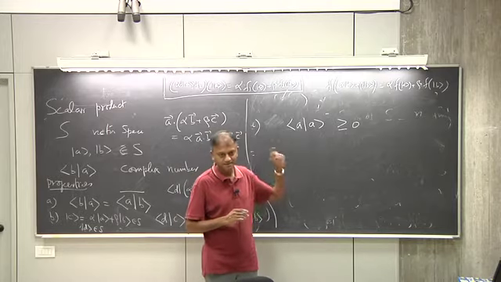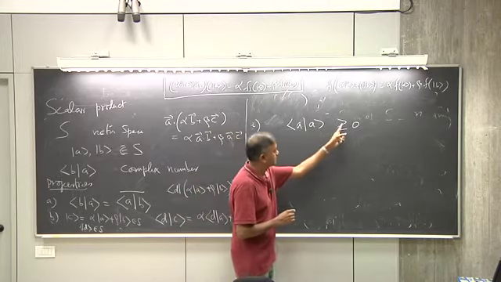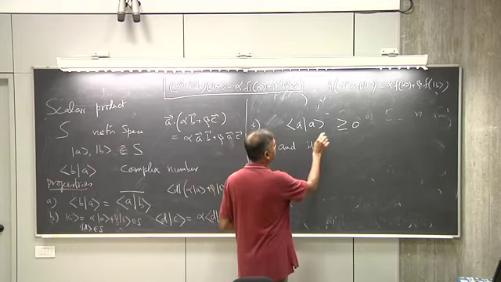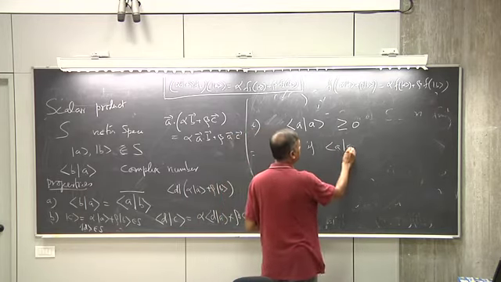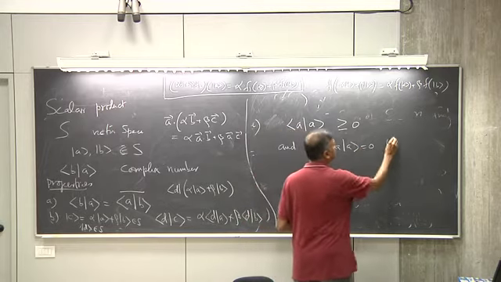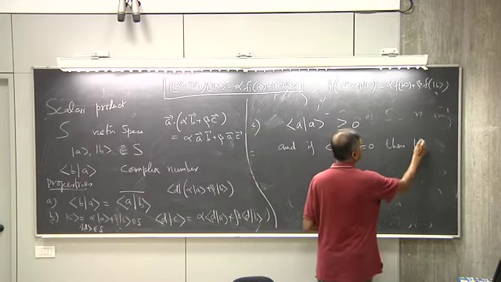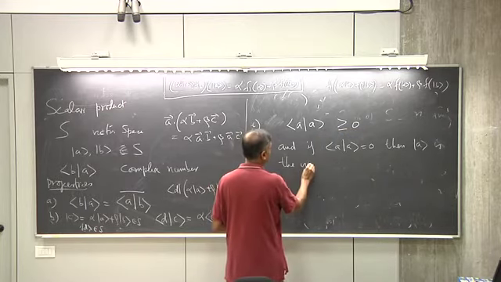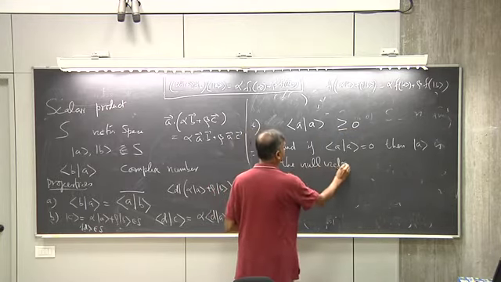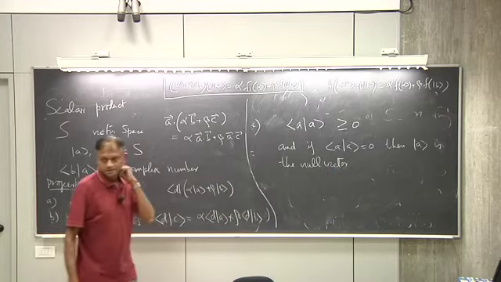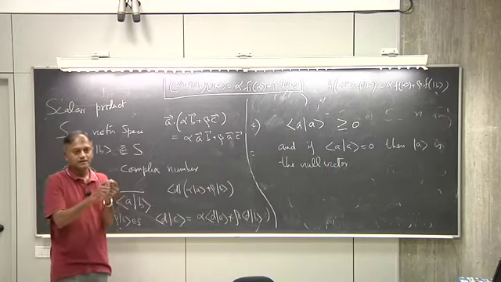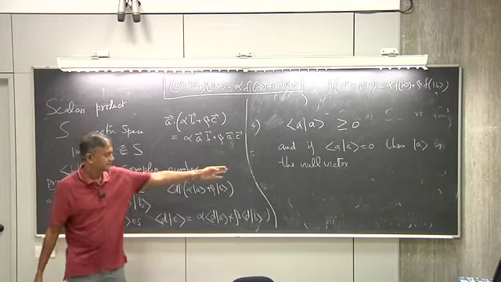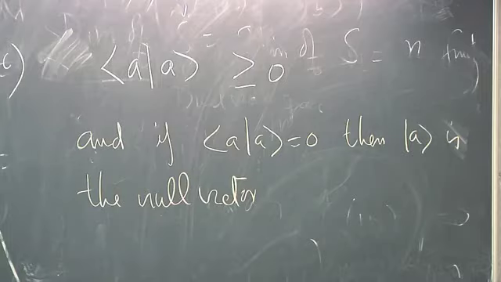And so this is greater than or equal to 0, and if A with A is 0, then A is a null vector. As we saw in this example, if the length square of a vector is 0, it is just the 0 vector itself. So that is what we are saying here.